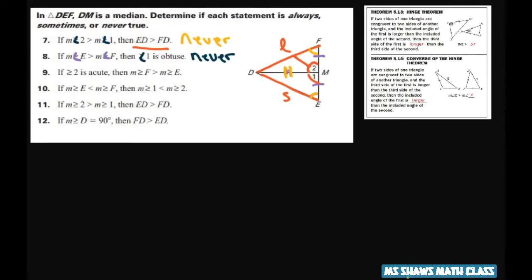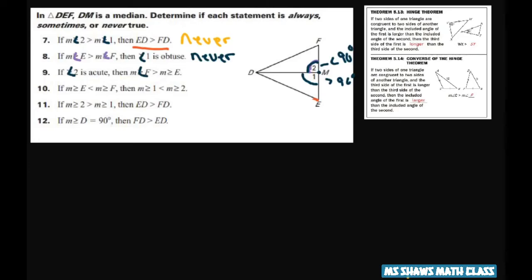All right. If angle 2 is acute, meaning it's less than 90 degrees, then this angle is going to be greater than 90 degrees.